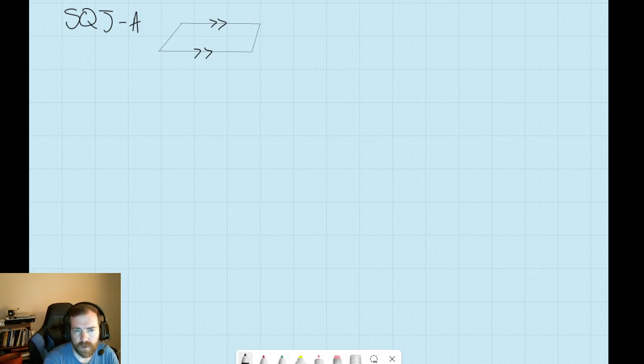So we're going to look at the four midpoints. Roughly speaking, here and here and here-ish and here-ish, connected with these four lines.